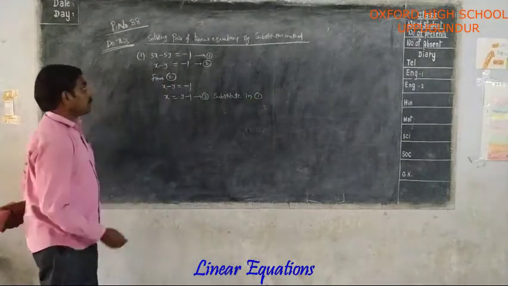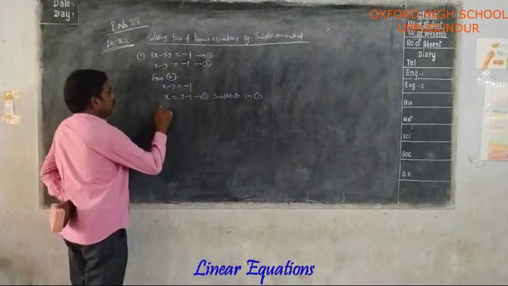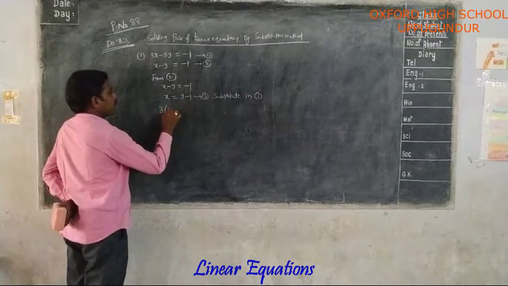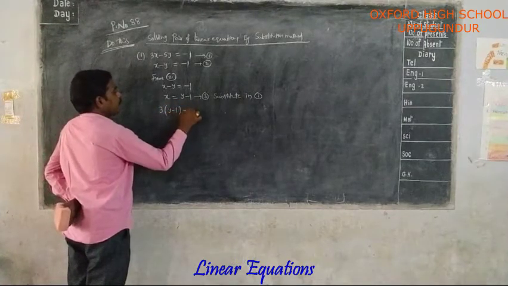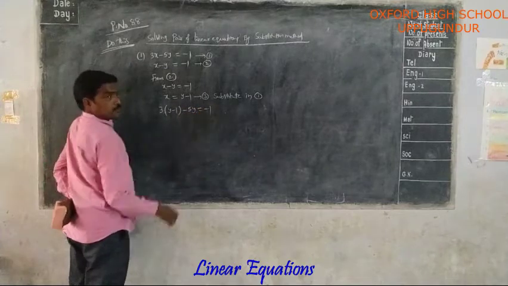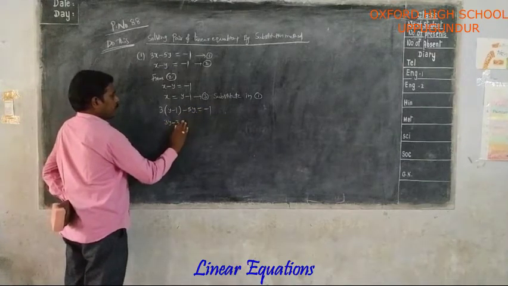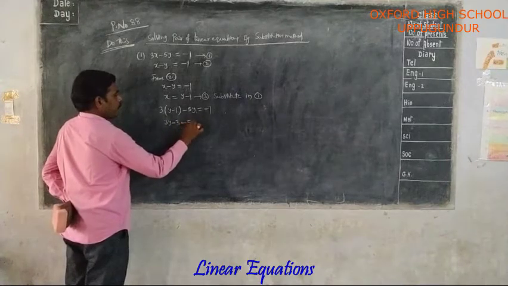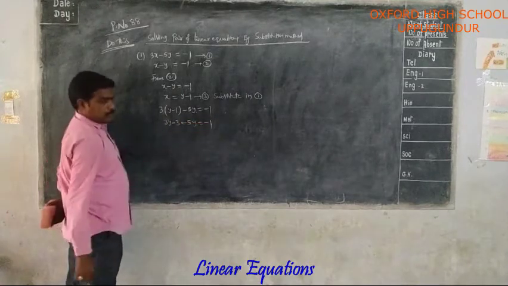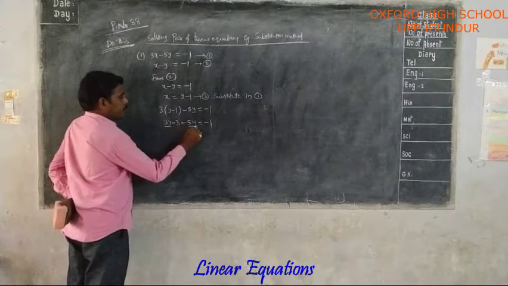Substitute in equation 1. So 3 into, in place of x you have to write y minus 1, minus 5y equal to minus 1. 3y minus 3 minus 5y equal to minus 1. So here 3y and 5y are like terms.